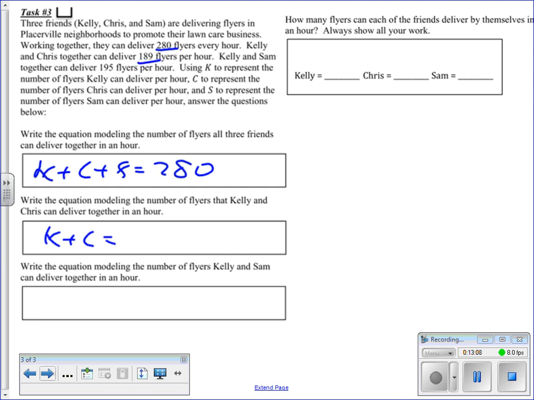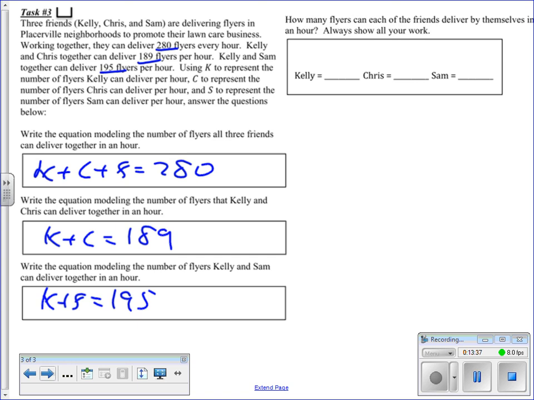They can do 189. And then how many can Kelly and Sam do? K + S is equal to 195. Now you have a system of equations, because you've got 3 variables, 3 equations. How many can each one of them do individually?